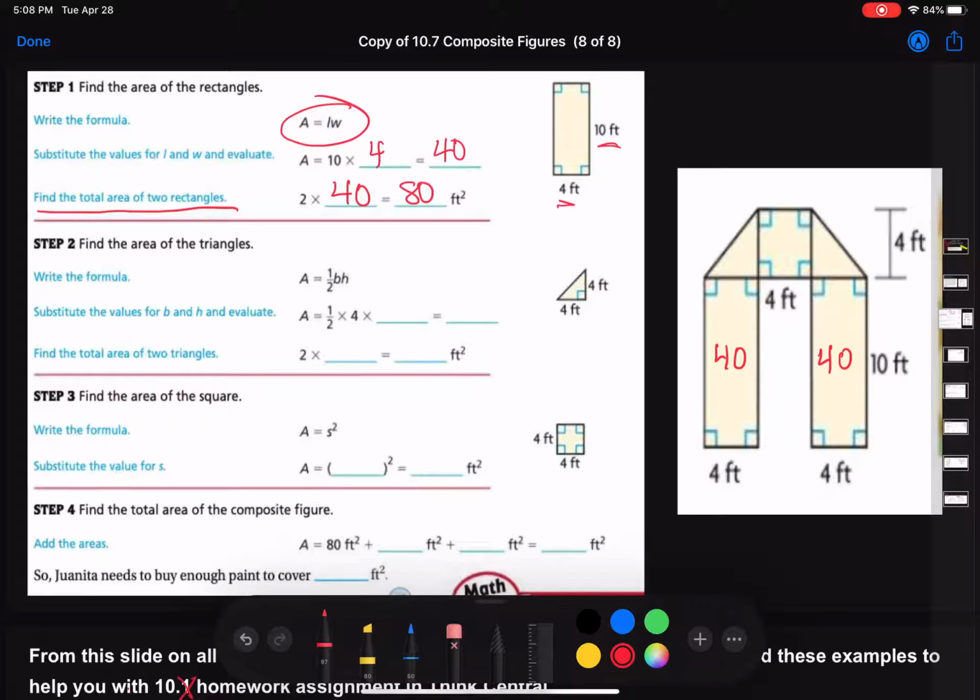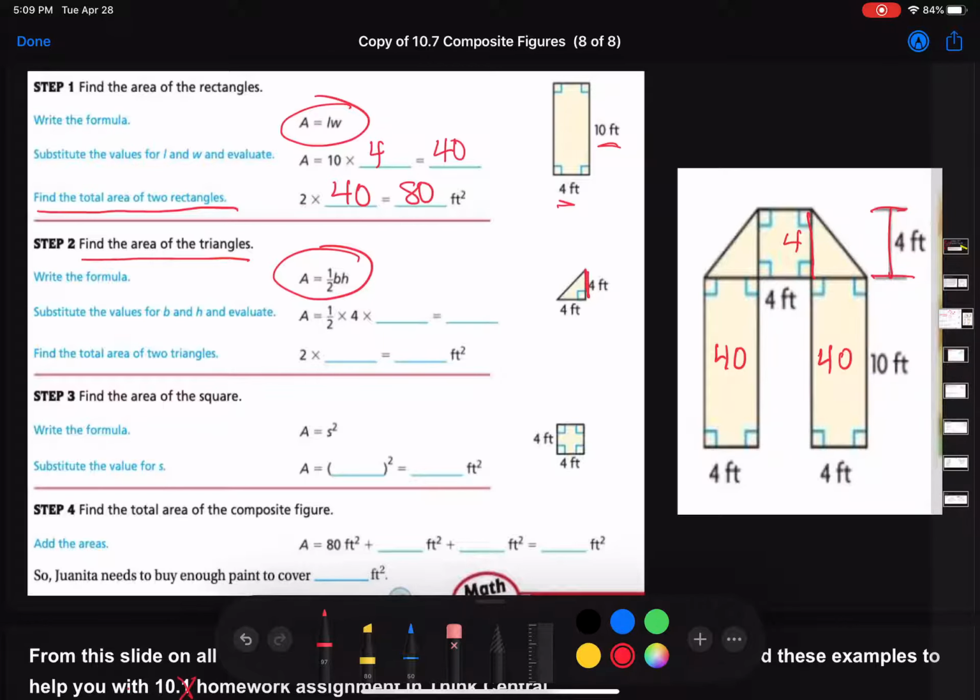Next step is you want to find the area of the triangles. So here's your formula, 1/2 times base times height. Here's your triangle. You're going to notice the height is 4. Now if you come over and you look at this right here, this looks like a little eye, it represents the height of the triangle.